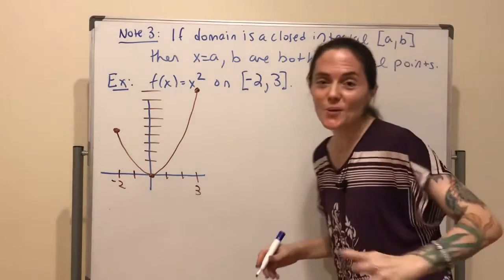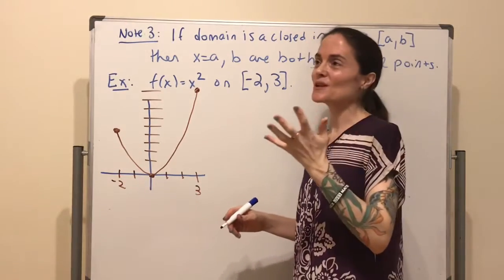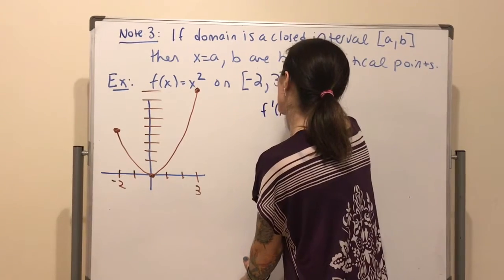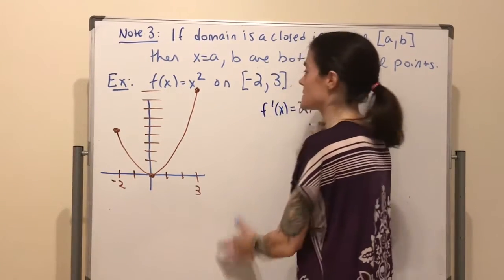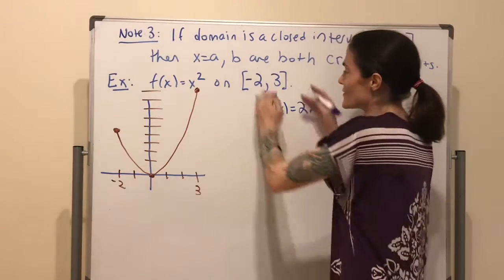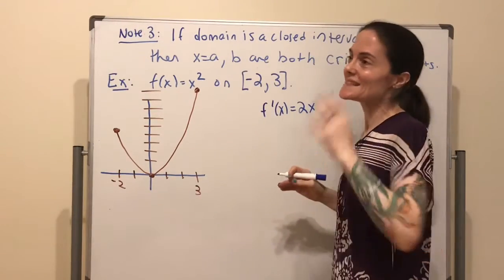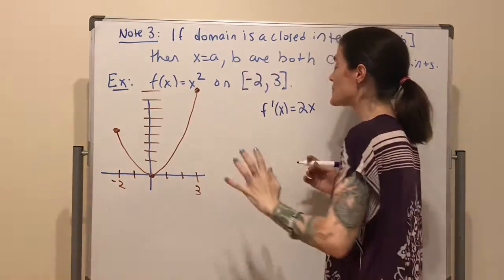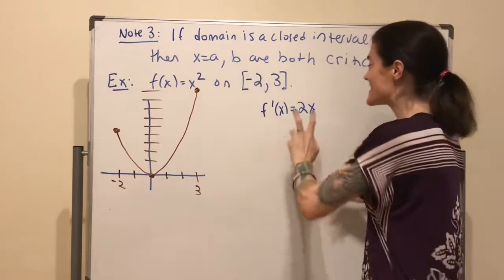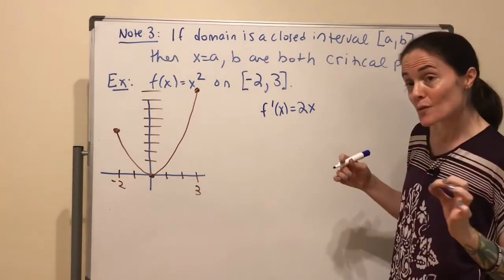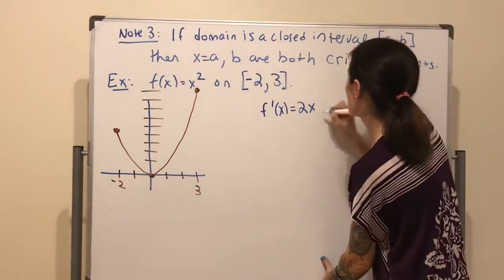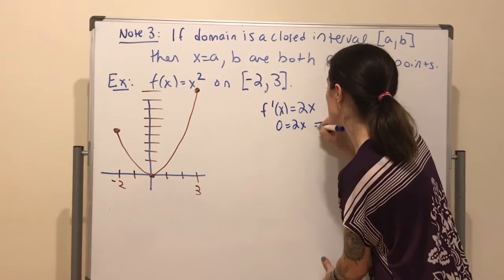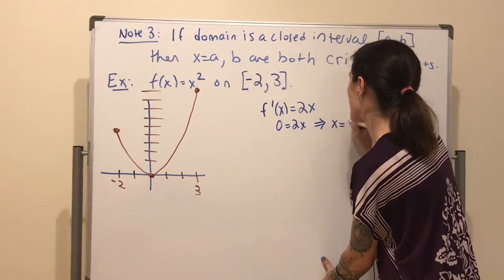So let's find critical points, and then we will look at extrema. The derivative we know is 2x. Now technically that's the derivative just on the open interval, because I just mentioned that the derivative is really not defined at the endpoints. But in any case, the only time this is 0 is at 0. So 2x equals 0 means that x equals 0.